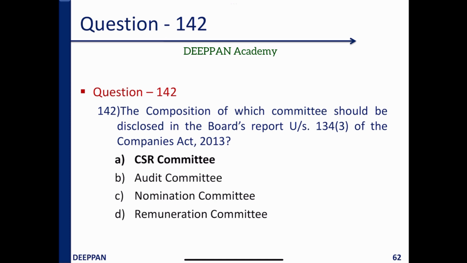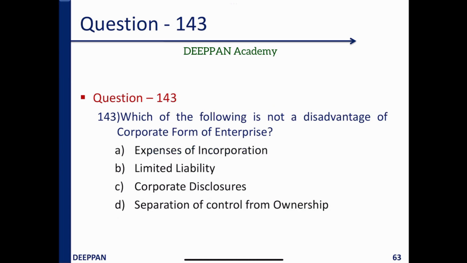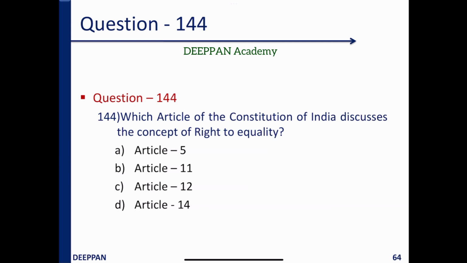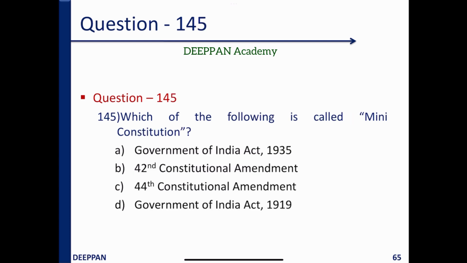CSR committee. Which of the following is not a disadvantage of corporate form of enterprise? Limited liability. Which article of the Constitution of India discusses the concept of right to equality? Article 14.